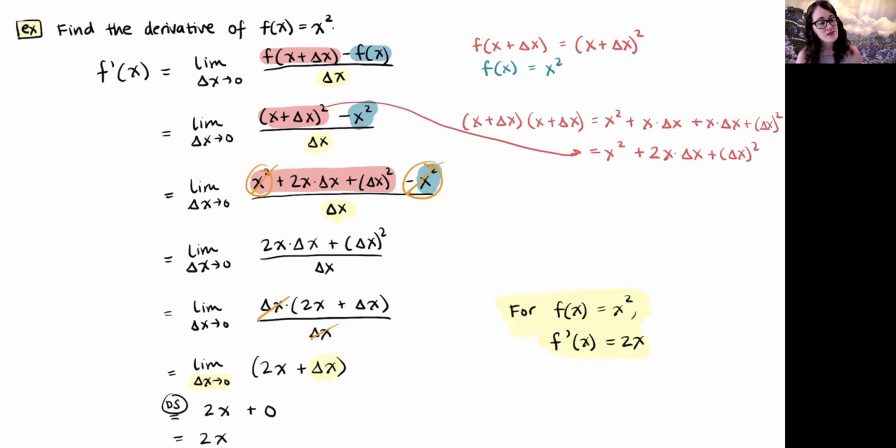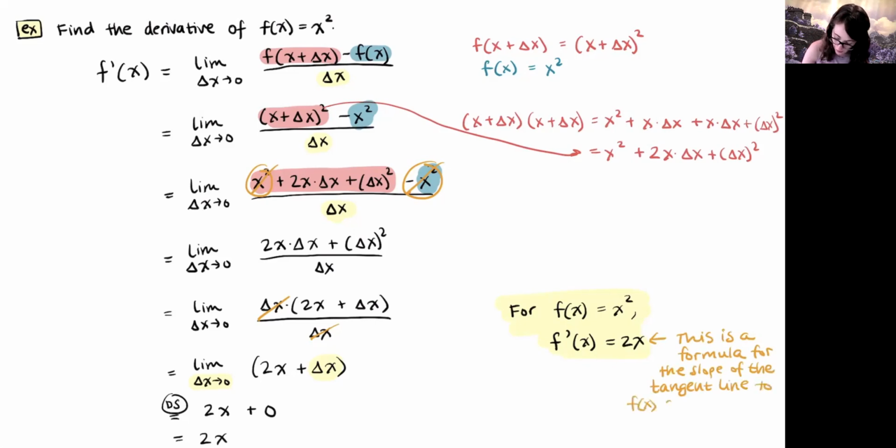Now, how do we reconcile this with the fact that we found a 6 before? Well, this is a general formula for any point that we want to find the tangent line slope at. So let's just remember that. This is a formula. This 2x is a formula for the slope of the tangent line to f of x at any x value.